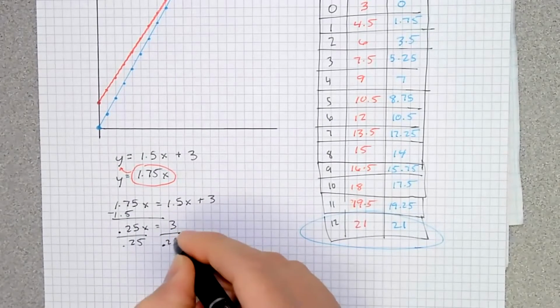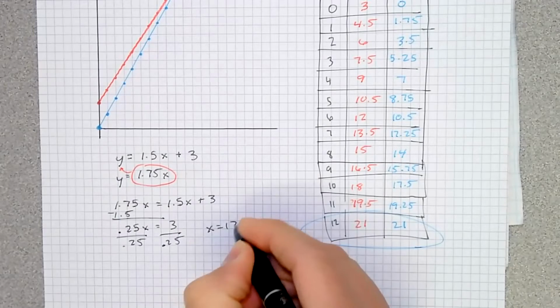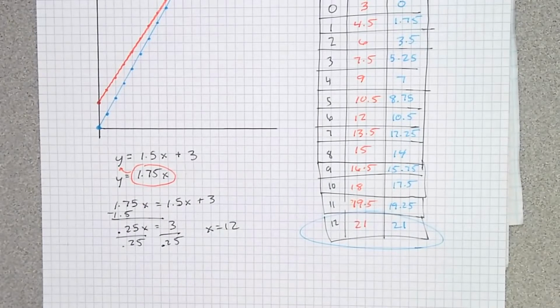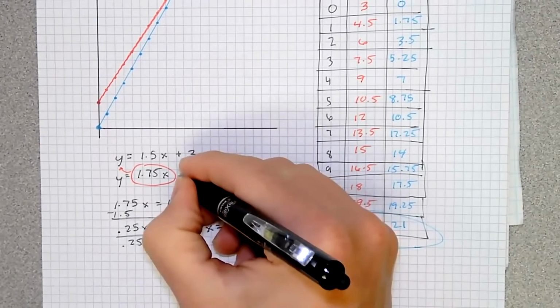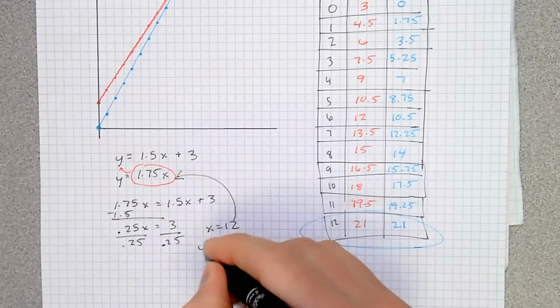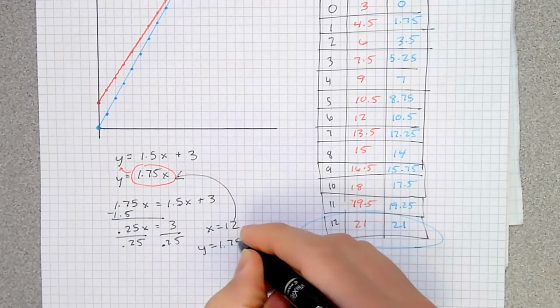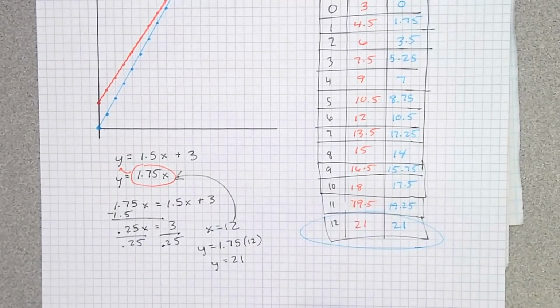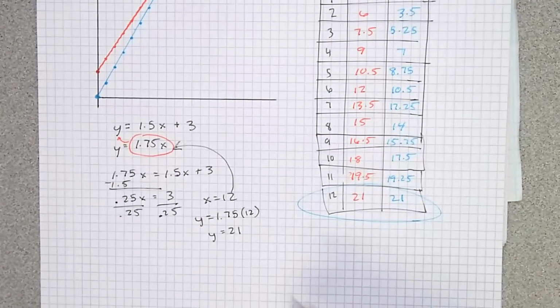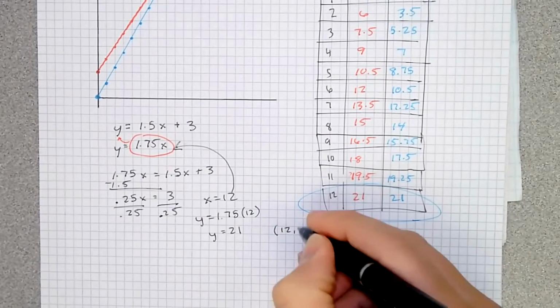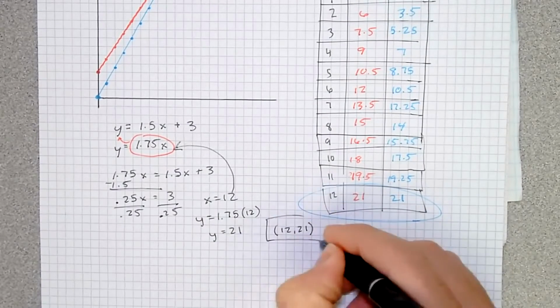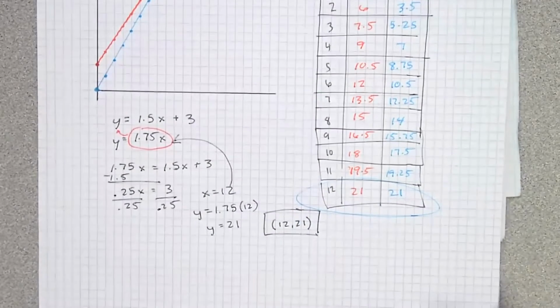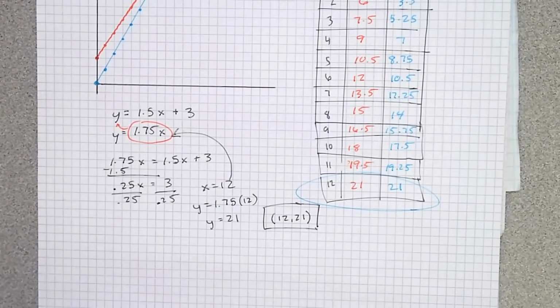So I need to divide by 0.25, which gives me an x value of 12. Plug it back in. I get y is 21. So I know that my x value should equal 12 and my y value will equal 21.